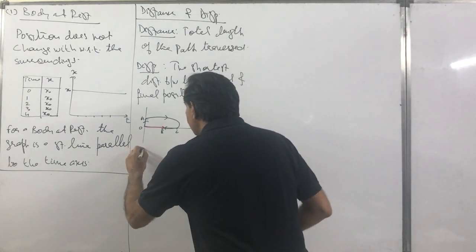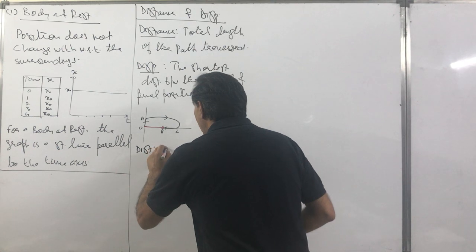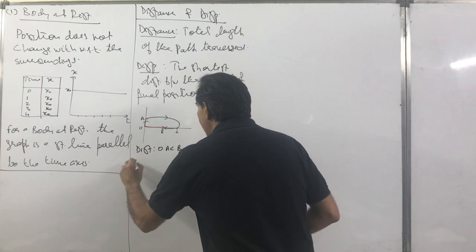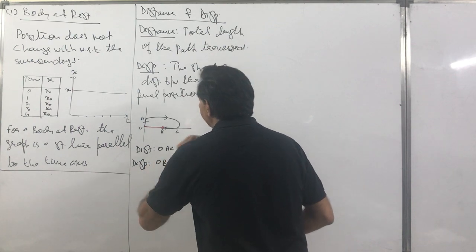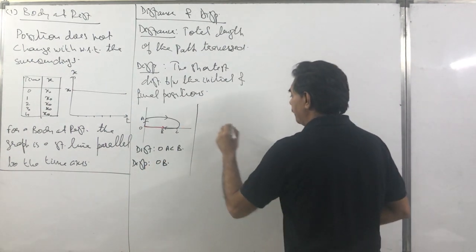So distance is OACB and displacement is OB.